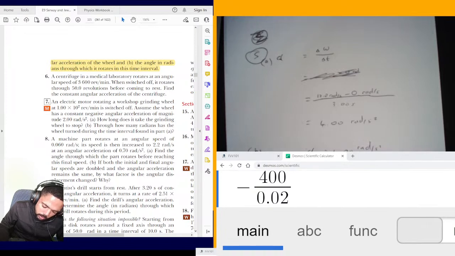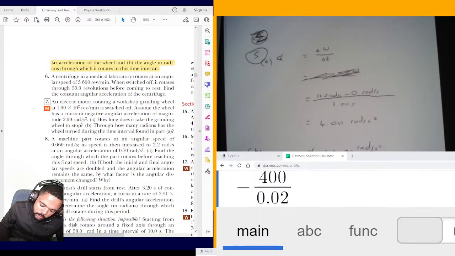The initial angular velocity is 0, multiplied by the time, which is 3, plus a half times the angular acceleration, which is 4, times the time of 3 seconds squared. So 3 squared is 9, times 4 is 36.